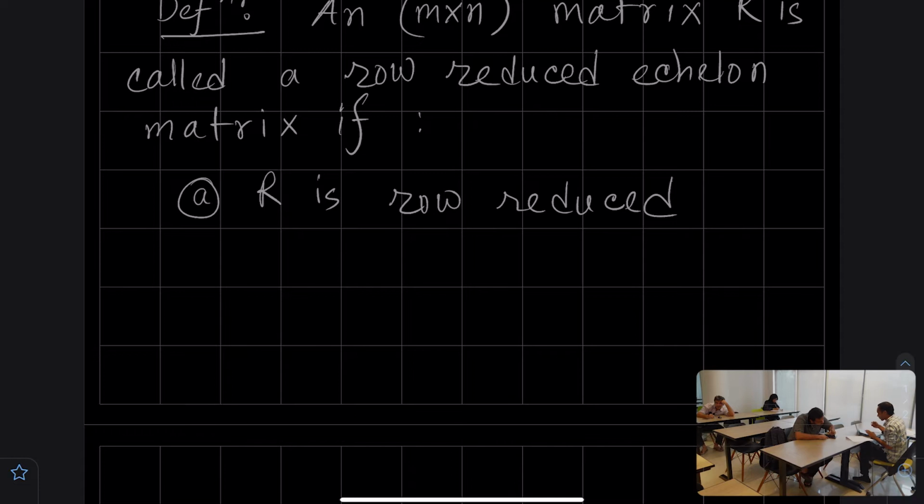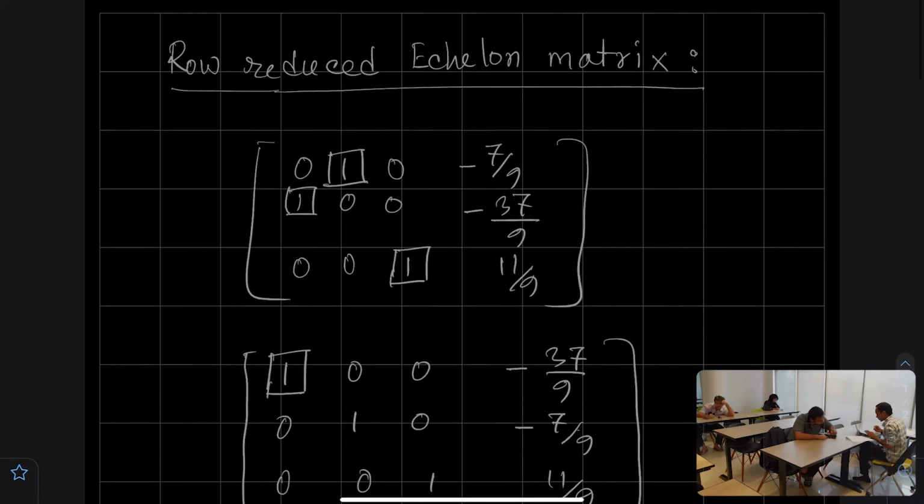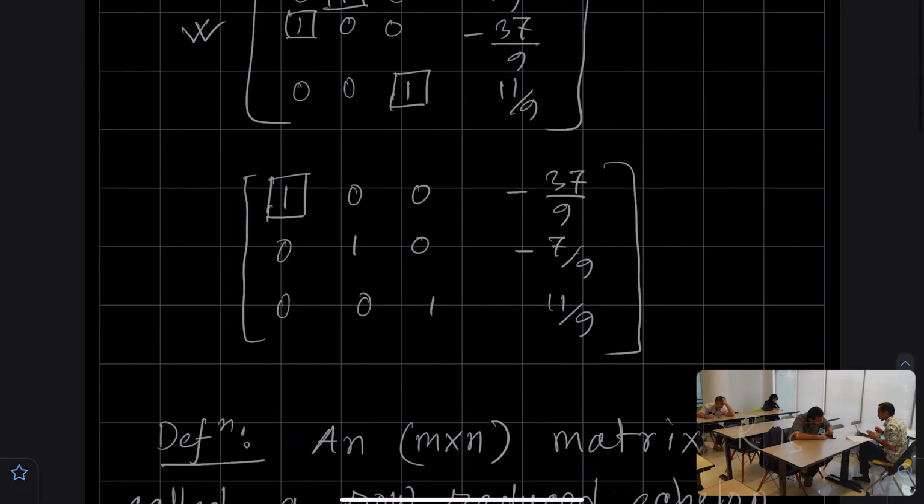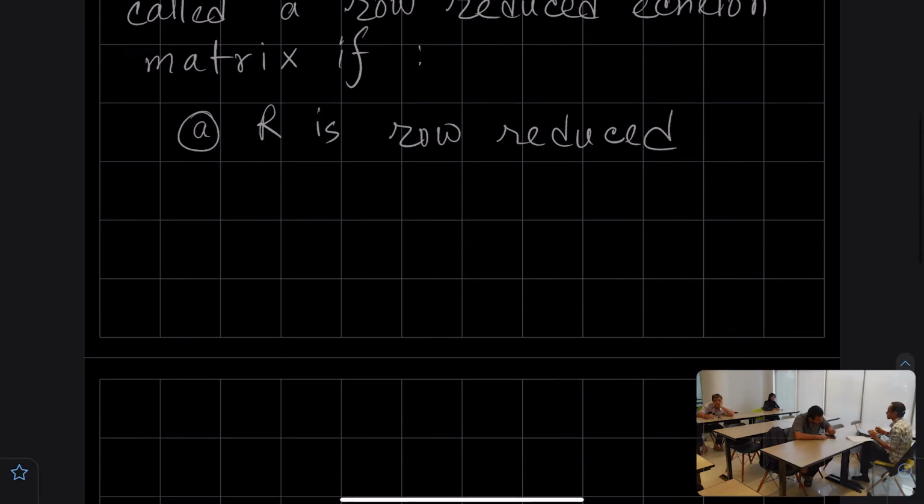So from the previous example, we started with a row reduced matrix, right? So the first condition is R has to be a row reduced matrix.